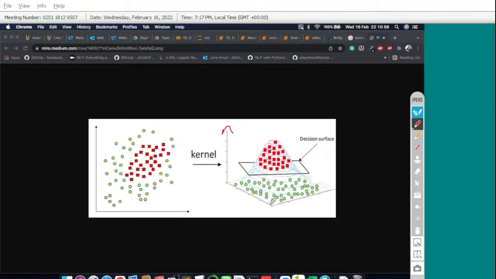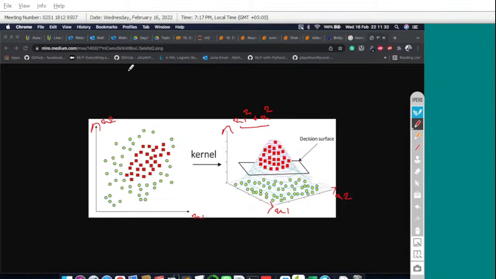Suppose this is x1, this is x2. The data is not separable at x1 and x2, so we create a third dimension, x1 square plus x2 square, a higher dimension. Now we can see the data is separable with a decision surface.